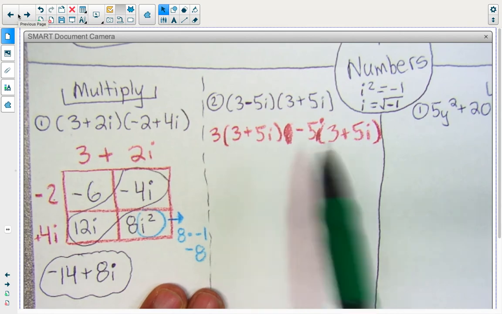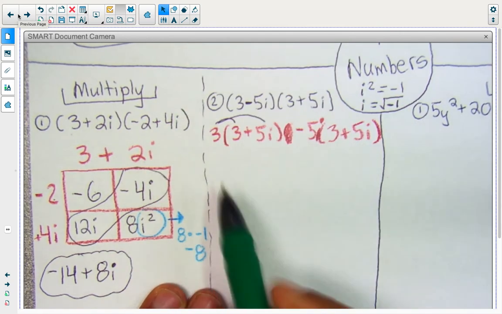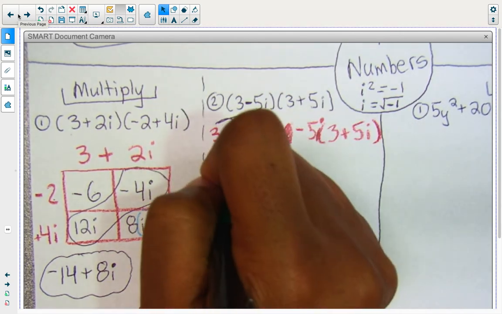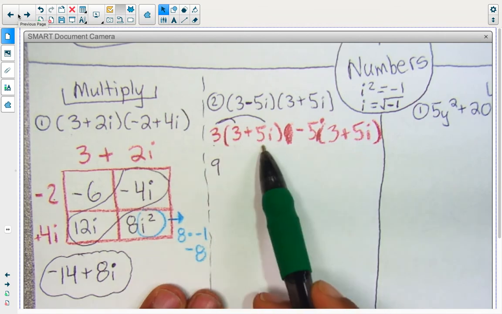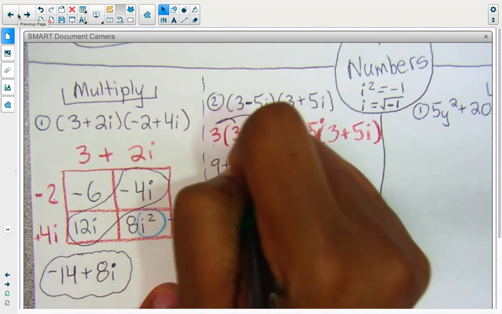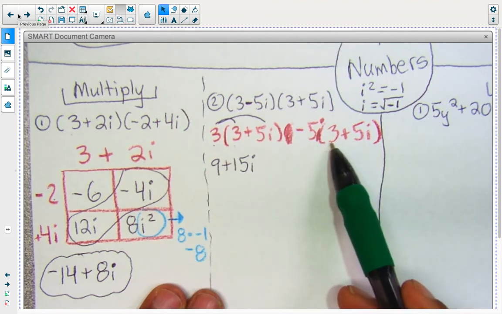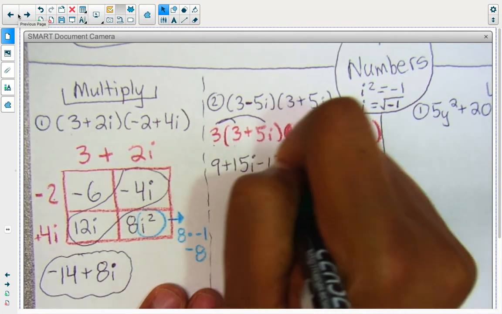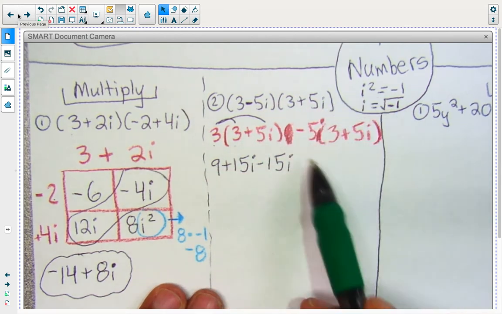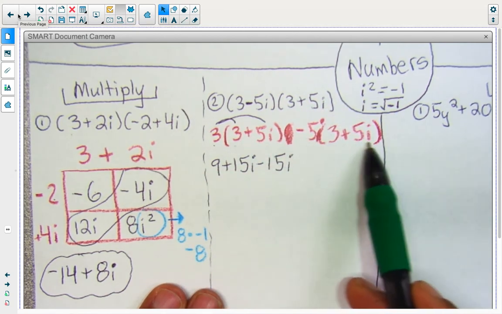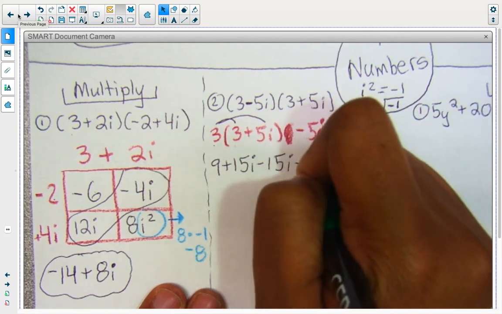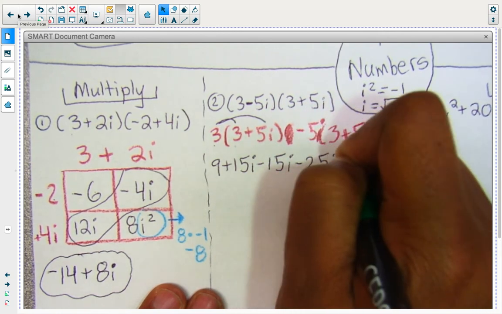So 3 times 3, we're going to go through and distribute. 3 times 3 is 9. 3 times 5i is 15i. Negative 5i times 3 is negative 15i. Negative 5i times positive 5i is negative 25i squared.